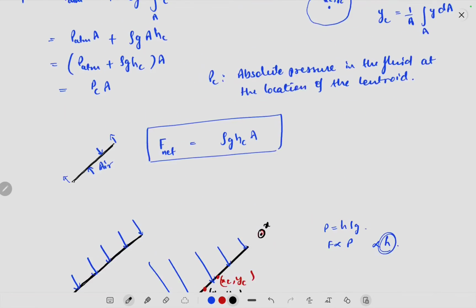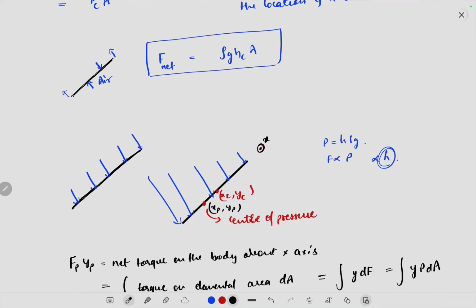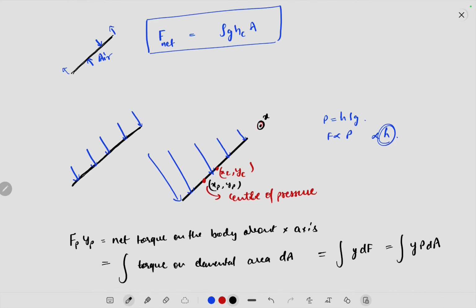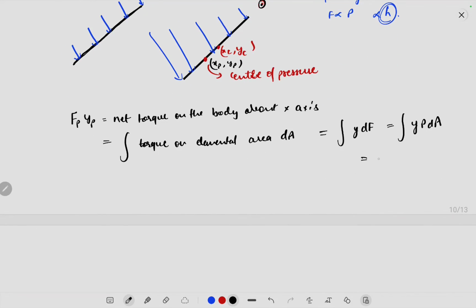And considering this situation, when you have the ambient air on one side and the fluid on the other side, my P would be simply h times rho g, and since h is y sin theta, this will become y square sin theta rho g times dA.